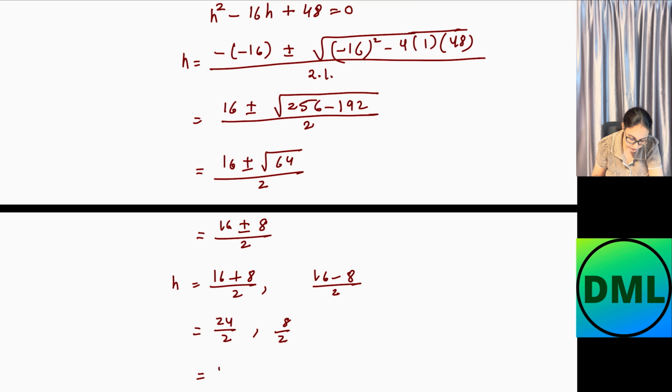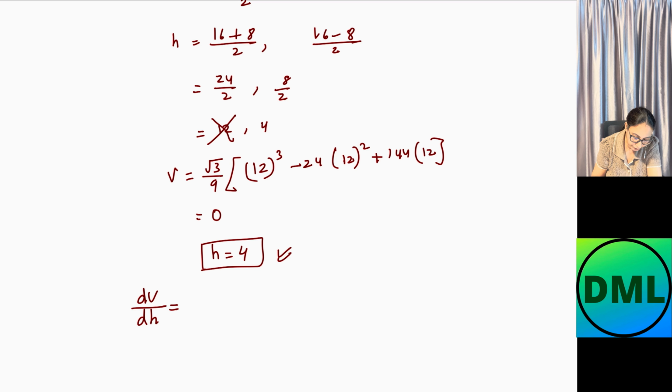I need to prove that for that value of h, the volume is maximum. To show that the volume is maximum, I need to prove that the double differentiation of V with respect to h is less than 0. Let's double differentiate dV/dh. The value for dV/dh was √3/9 (3h² minus 48h plus 144).